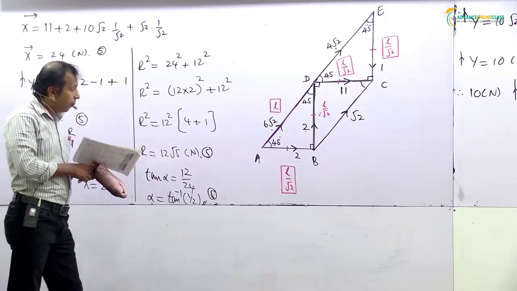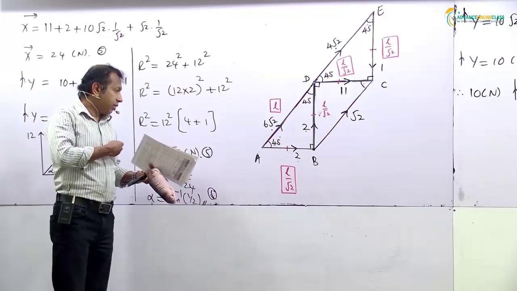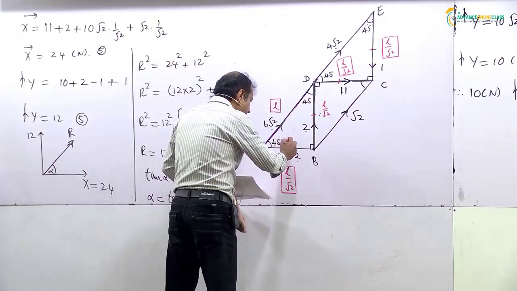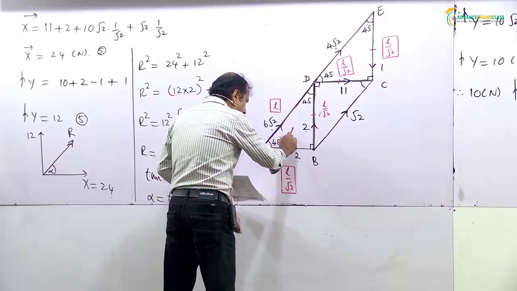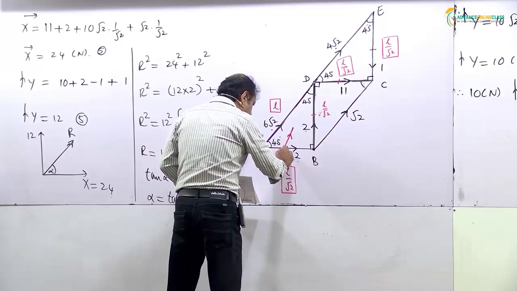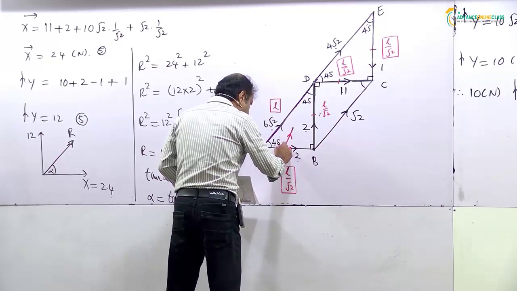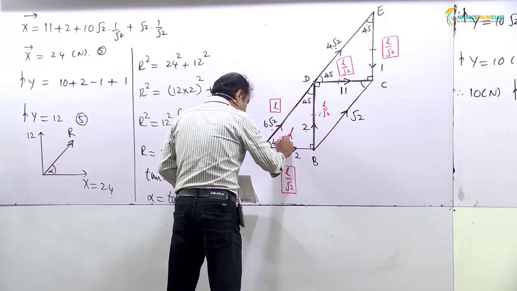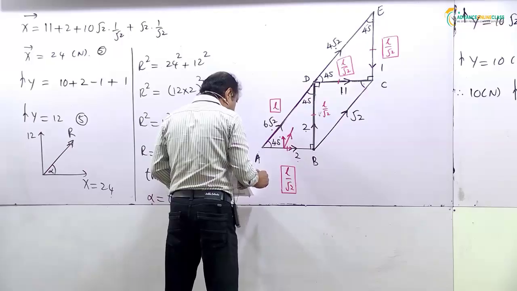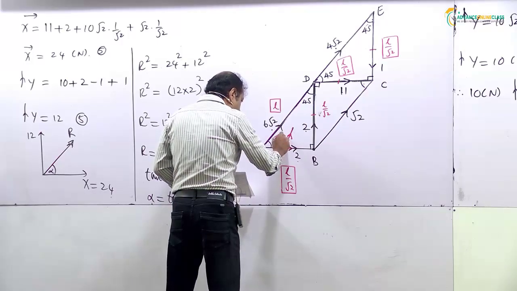Now I draw that line of action of resultant this way. Then you can write its horizontal one and vertical one. Vertical one is 12, horizontal one is 24. We need only the 12. This 12 only we need.